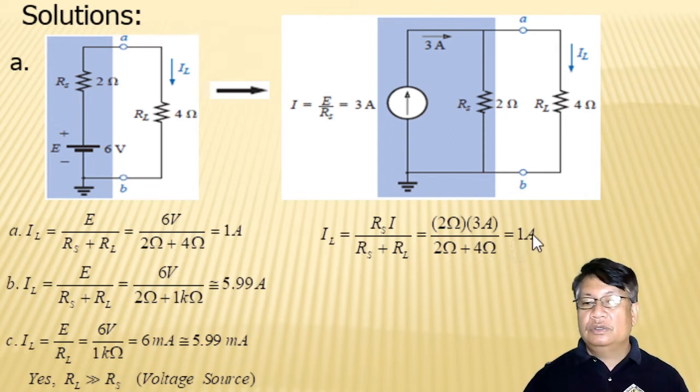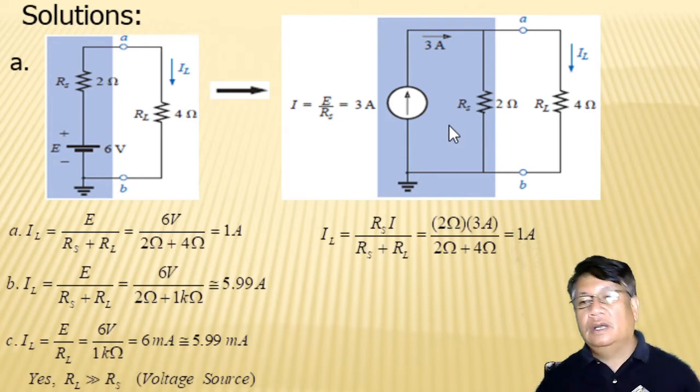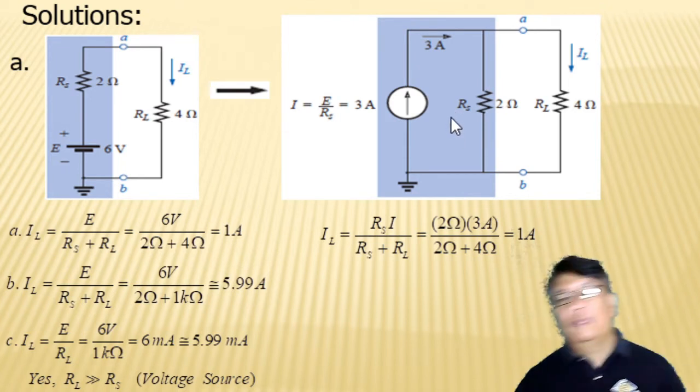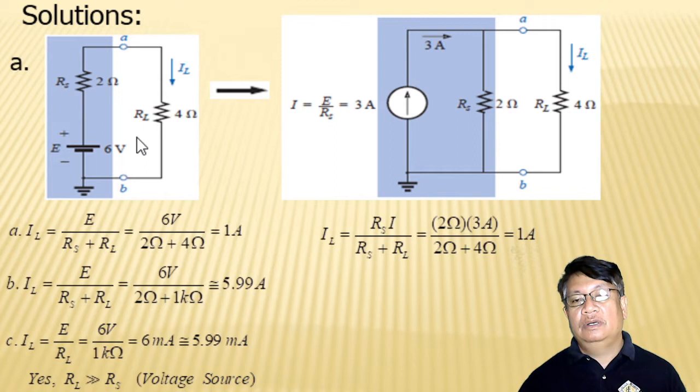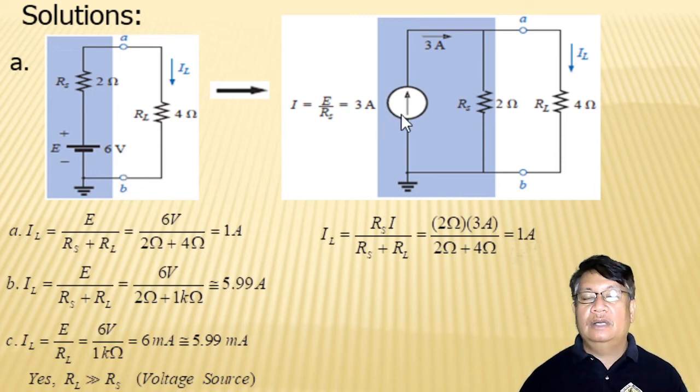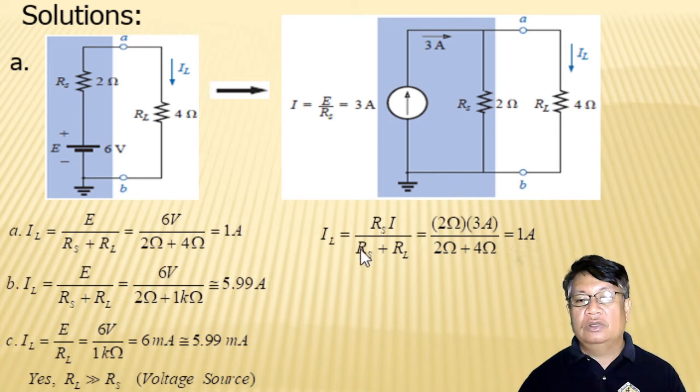That is also equal to 1. So whether it is the original source, the EMF of 6 volts, or its equivalent current source, they have the same load current of 1 ampere.